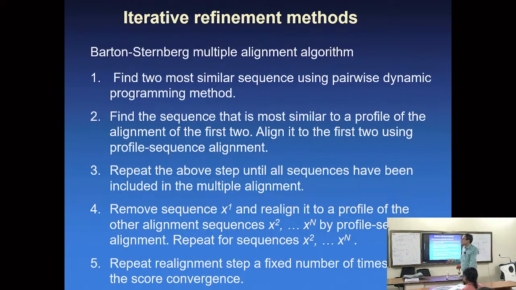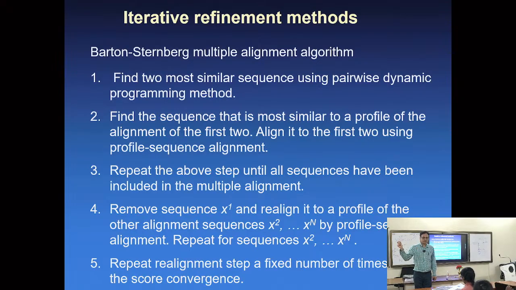Once you have aligned, you remove the first sequence and align it against the group of the remaining sequences using the profile alignment. Then remove the second sequence and align it against the group of the remaining sequences. Repeat it iteratively.